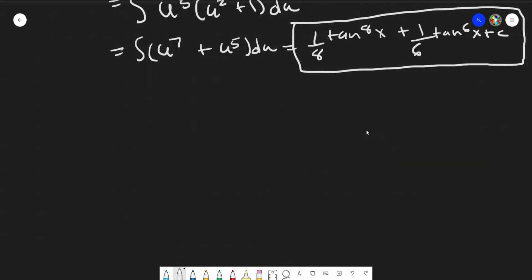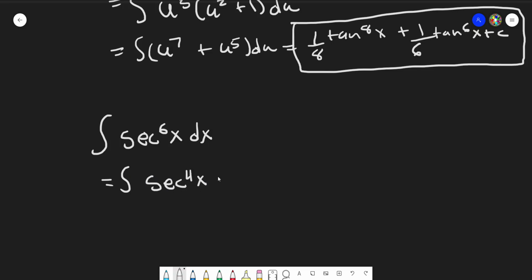Now, if I wanted to integrate something of a higher power, for example, such as like secant to the 6th x dx, well, I can try to integrate this basically by coming up with some ideas. By, let's say, for example, we go ahead and we rewrite it as secant to the 4th x times secant squared x dx.